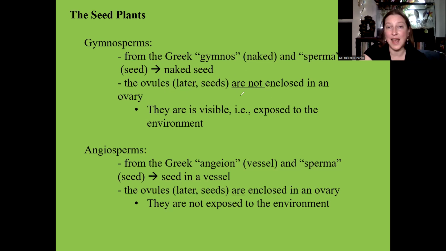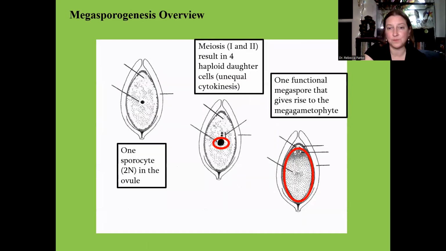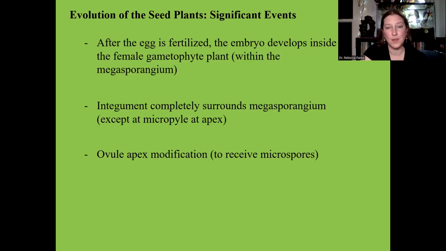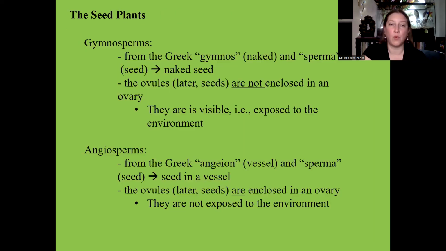So for example, today, when we went through all of these things, we never said the word ovary, right? We're just talking about an ovule. So no ovary. No ovary is the more basic type of seed, and hence naked seed, naked ovule, naked seed.